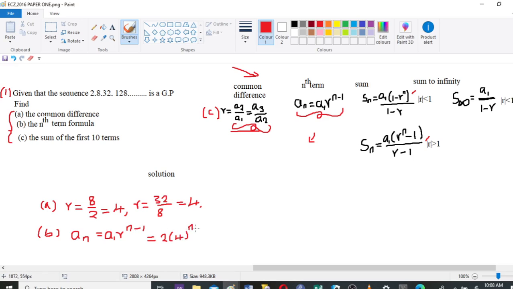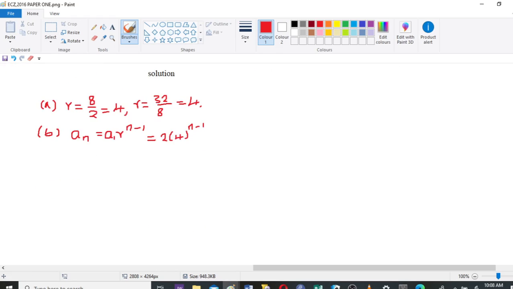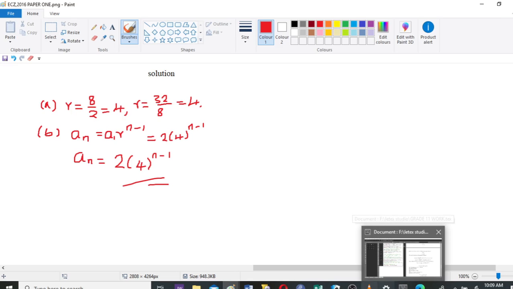We don't know n because this is just a formula. That gives us the general term for this particular sequence: an equals 2 times 4 to the power n minus 1. This is our general formula which we can use to find any term of this sequence.